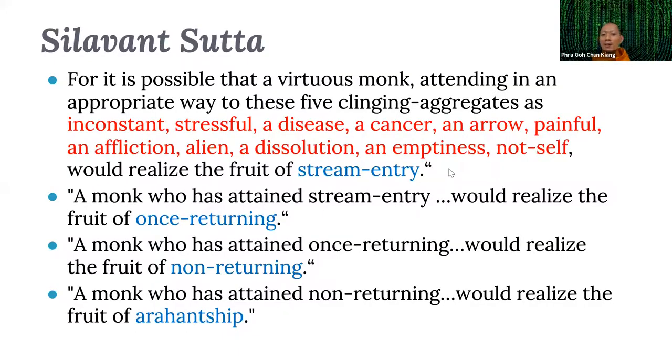Okay, so Venerable Sariputta answered, all you need to do is attend your 5 aggregates, 5 clinging aggregates, as that's the whole list of reflections: impermanence, suffering, disease, cancer, error, pain, affliction, alien, dissolution, emptiness, non-self. You just pick one. So the most obvious one, we'll use impermanence, something observable.